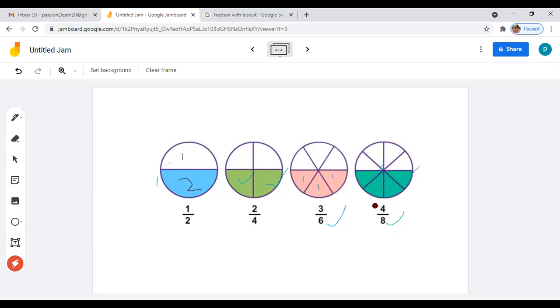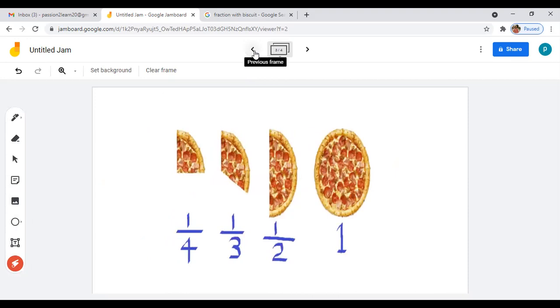Now, can we go into our pizza example? Yes, come on. So this is one pizza here. Are you all with me? When we are going to divide this pizza, we divide it here. This part becomes 1 by 2.